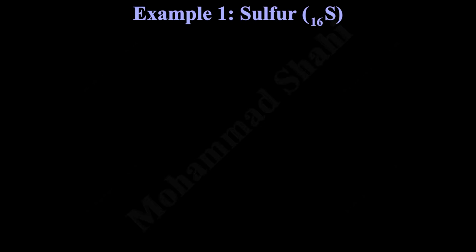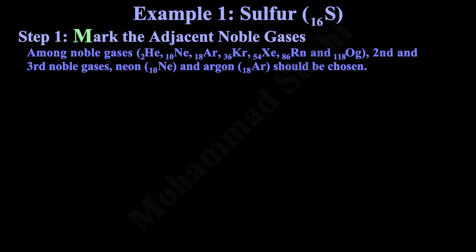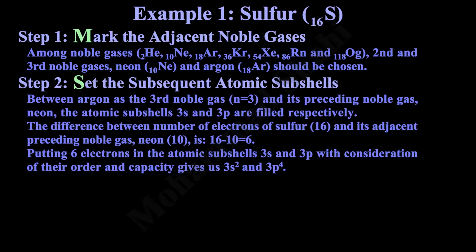As the first example, consider acquisition of electronic configuration of the element sulfur with symbol S and atomic number 16. The first step is to mark adjacent noble gases, which are neon and argon in this case. The second step is to set the subsequent atomic subshells.